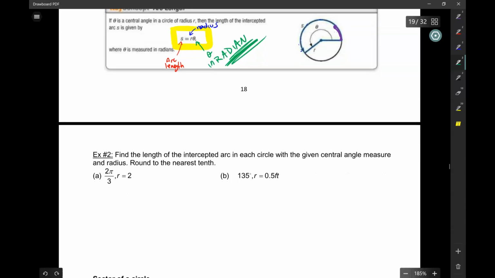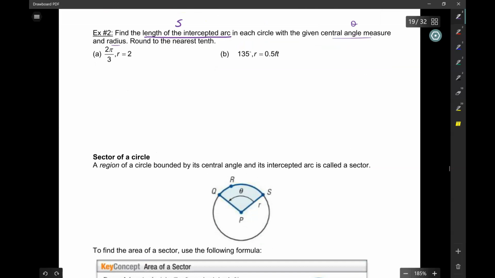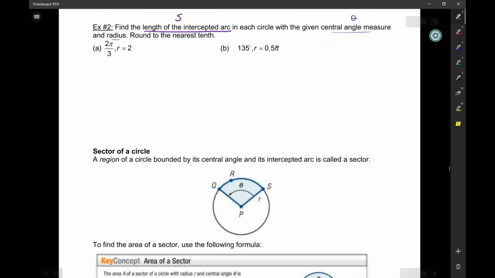So let's take an example here. It says to find the length of the intercepted arc. In this formula, which one is that? S, R, or theta? S. With the given central angle measure, that's theta, and radius is R. Round to the nearest tenth. This is my angle theta, 2 pi over 3. Is that in radians or degrees?